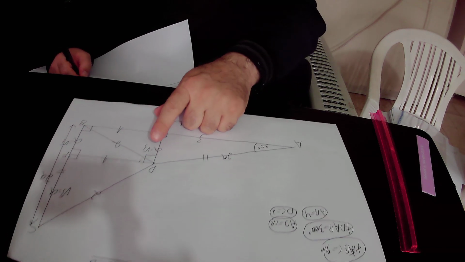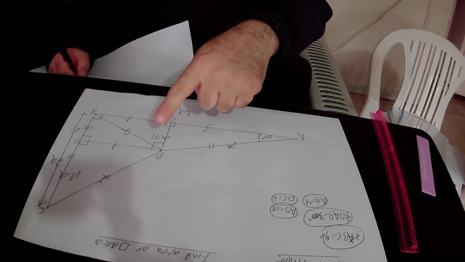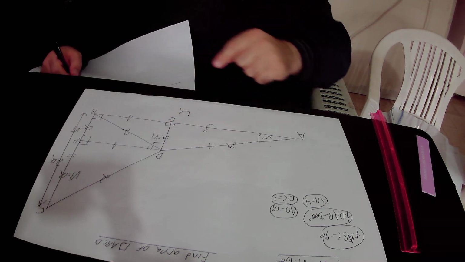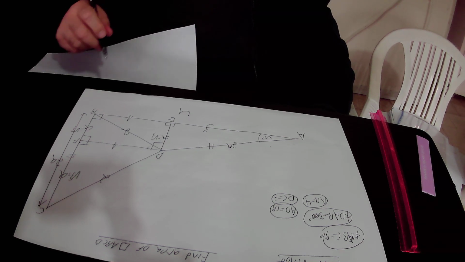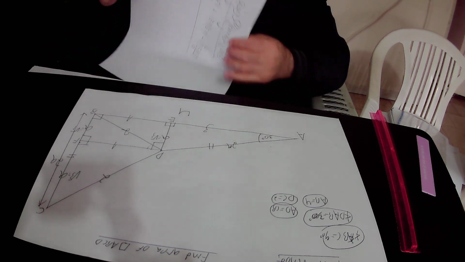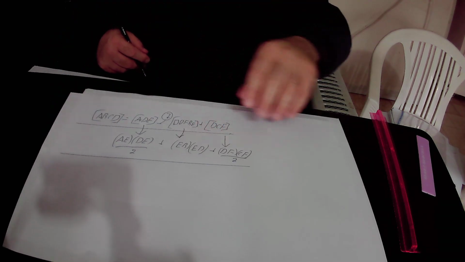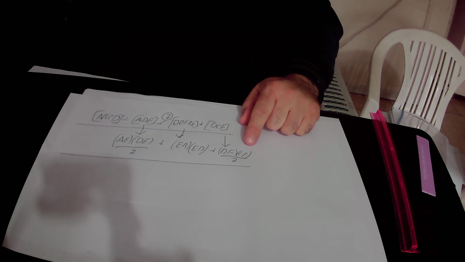And the area of the right triangle DCF will be equal to the base of the triangle, that is DF, times the height to the base, that is CF, over 2.